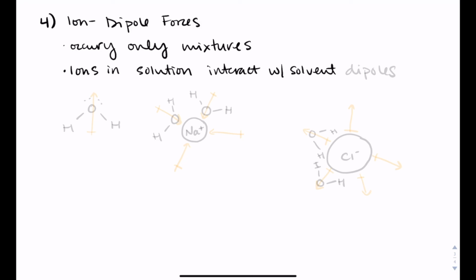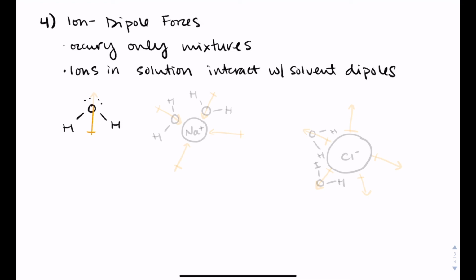This last one would only occur in a mixture. So you will not have this for a pure sample. You can only have ion dipole forces in a mixture. And this is part of what helps ionic compounds dissolve. We'll talk about the energetics of that a little bit later.